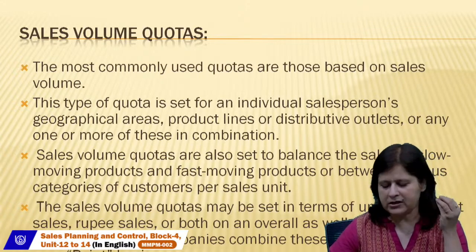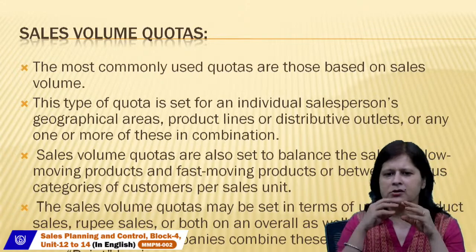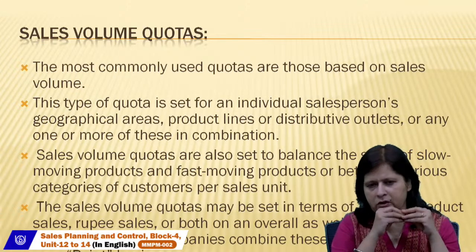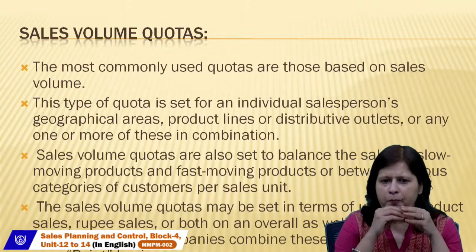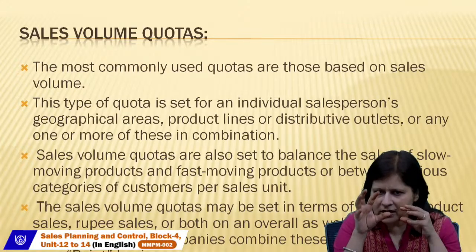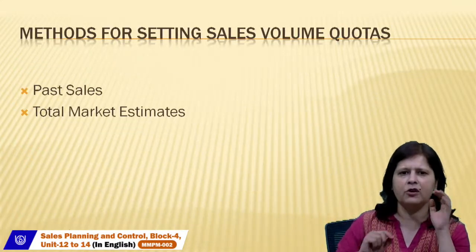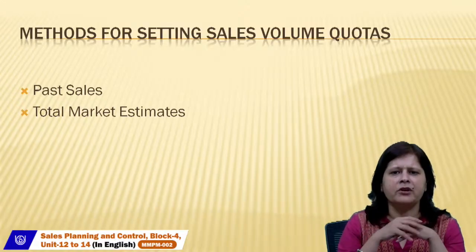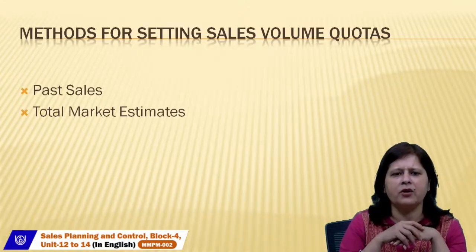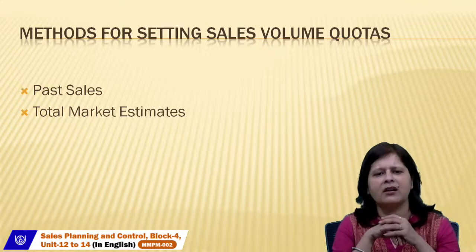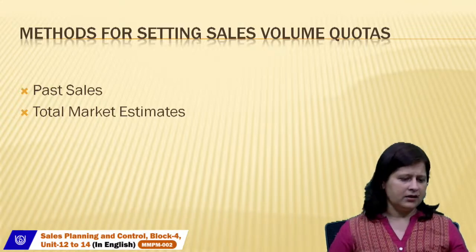Or some companies combine these two aspects. So it can be in terms of units of product, sales in rupees, that is in terms of finances, or both. The method for setting the sales volume quota could be the past sales or the total market estimation.